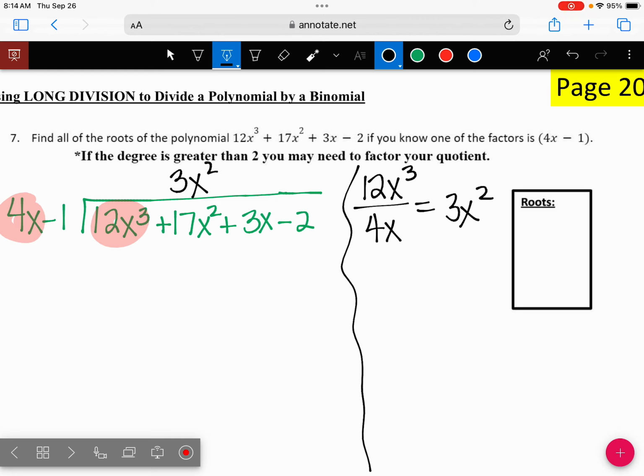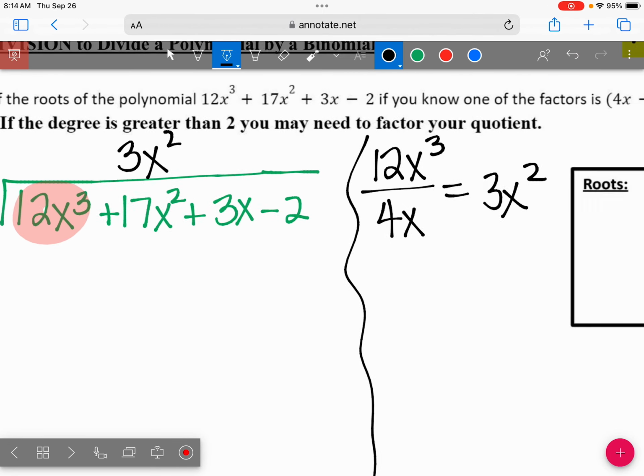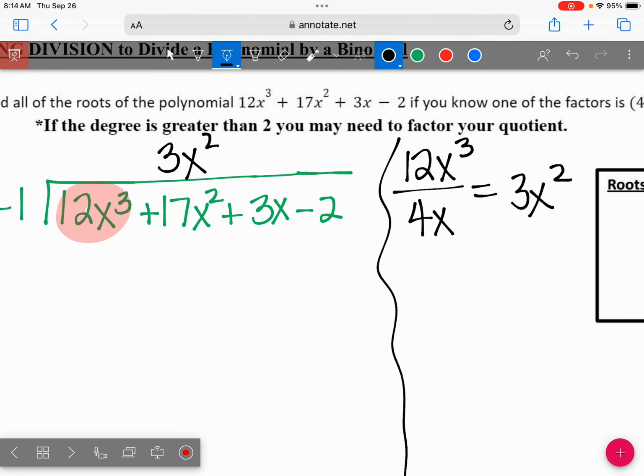And then the second step would be to take whatever you get. Every time you put something on the roof, we have to multiply it by the whole 4x minus 1. So we're going to take 3x squared and multiply that by 4x minus 1. Distribute, distribute.